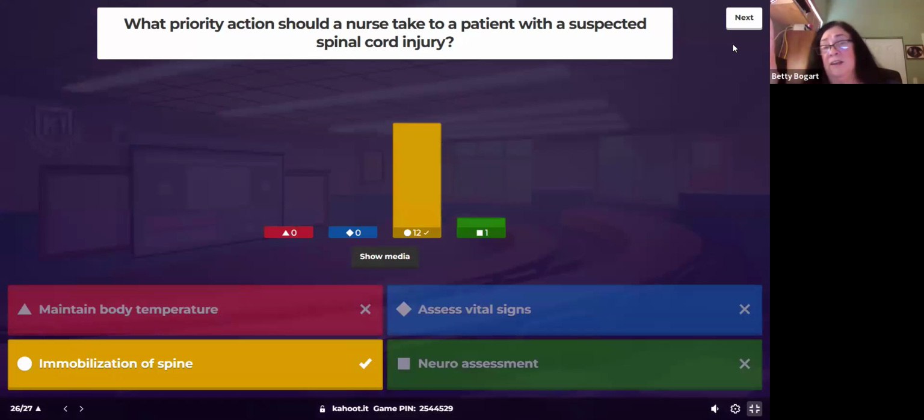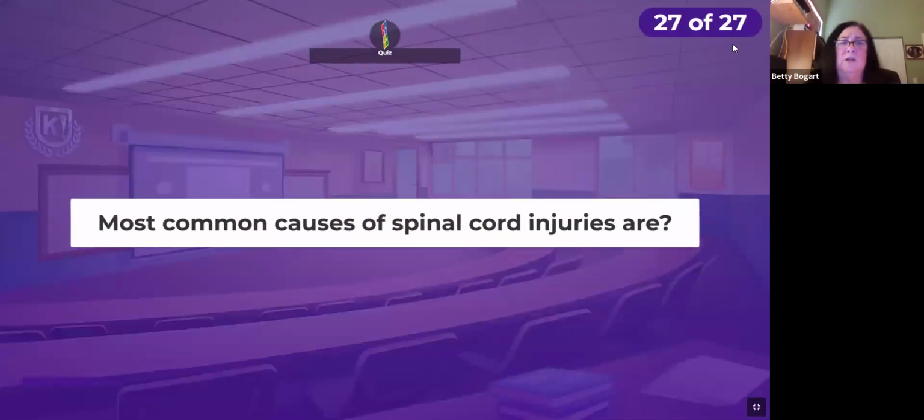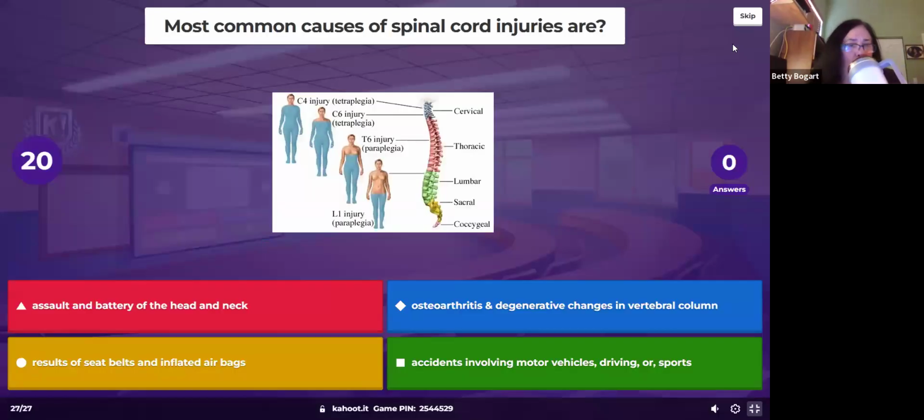You can do all the neuro assessments you want, but if you don't immobilize that spine, all of a sudden that child becomes paralyzed from the waist down or even from the nipples down. So again, first of all, let's take care of that spine and then we can do the rest of the assessment.